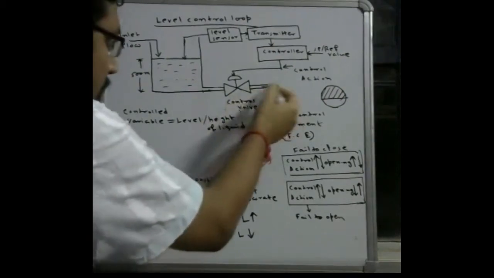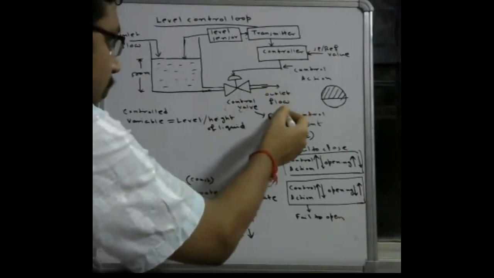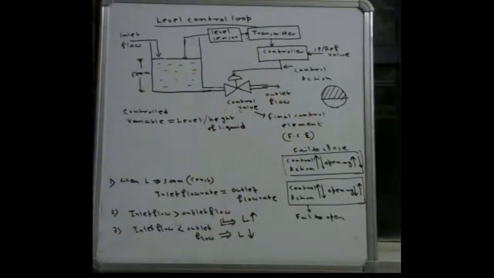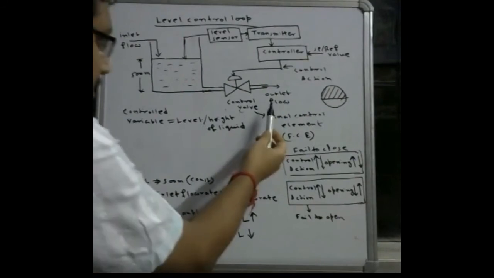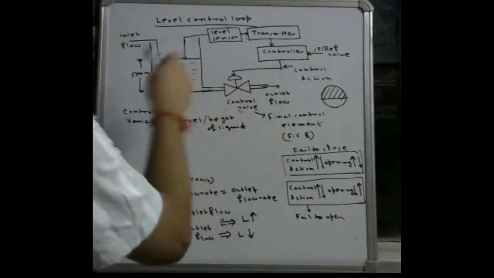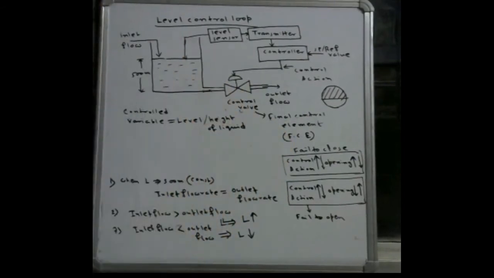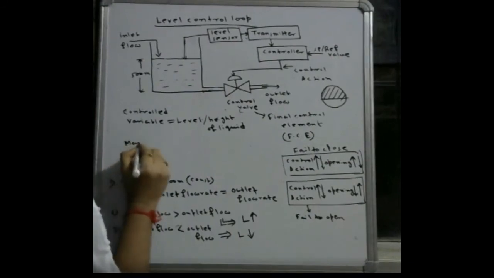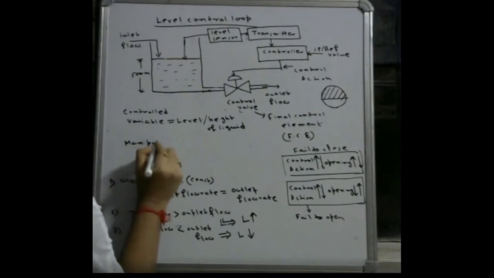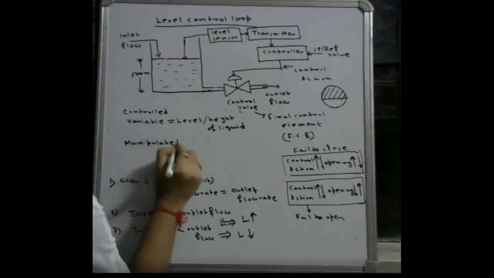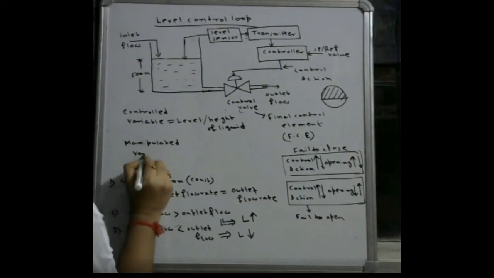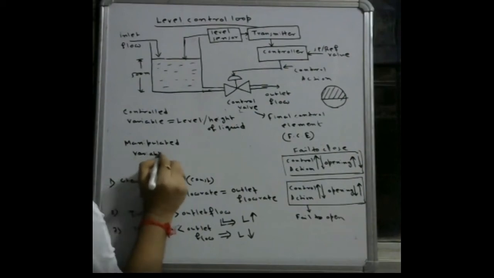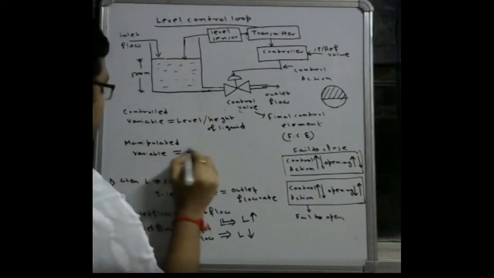We are controlling basically the outlet flow rate by the opening of the control valve. So that means the outlet flow rate is our manipulated variable.